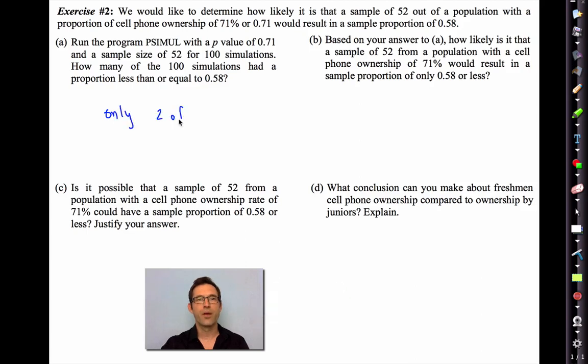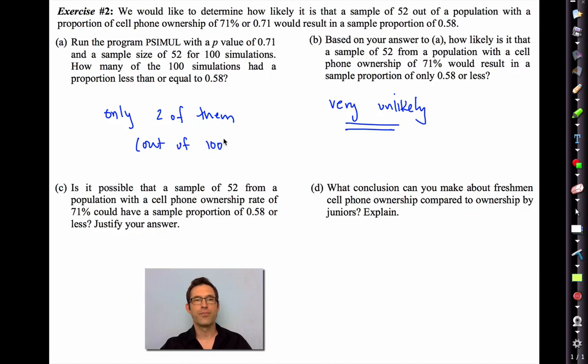Only 2 of them. Based on your answer to A, how likely is it that a sample of 52 from a population with cell phone ownership of 71% would result in a sample proportion of 0.58 or less? It's very unlikely, right? It's very unlikely. Only 2 out of 100.